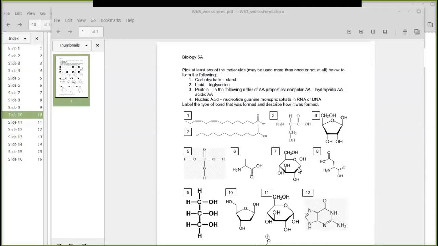No. Okay, how about 8? Yes or no, amino acid for 8? Yes. Amino group, carboxyl group, R group.